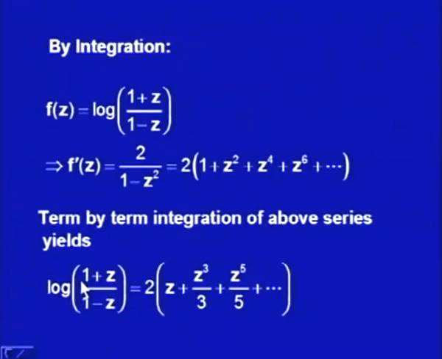So, this is log of (1 plus z) over (1 minus z). Now, we have obtained the power series representation for this function, and in my earlier example I obtained the Taylor series for this function using the usual formulae given by the Taylor series theorem, and one can notice that both are equivalent.